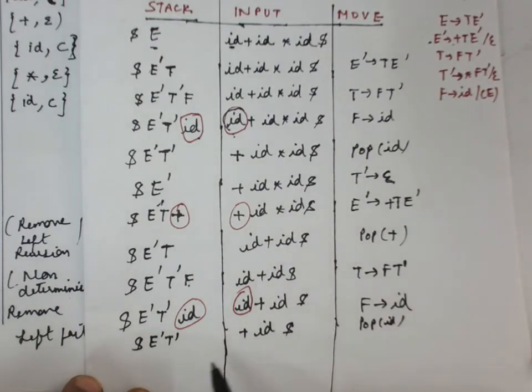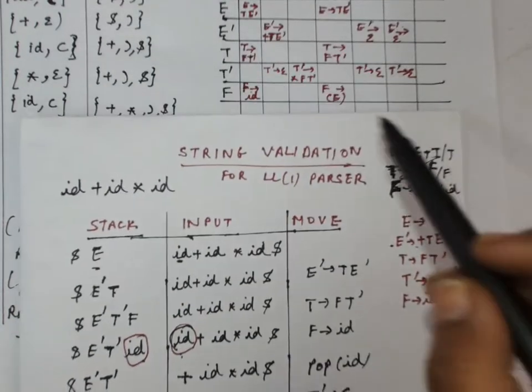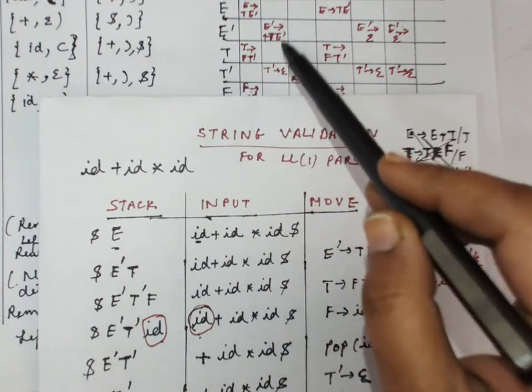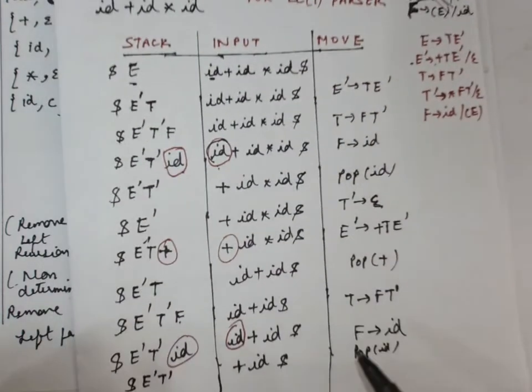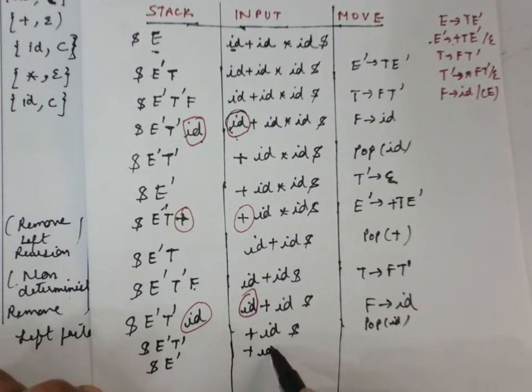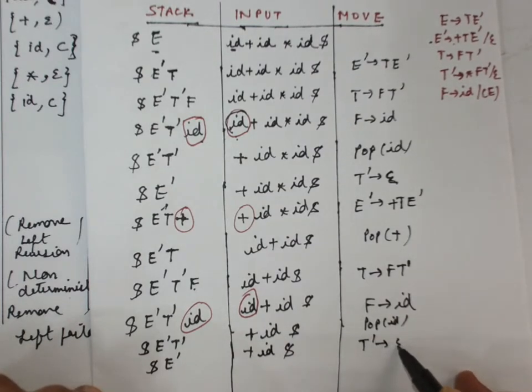Next you have T dash and plus. You can see in the parsing table, T dash and plus is T dash gives epsilon. So that means this is epsilon, this is again plus, this is id, this is dollar. T dash gives epsilon.